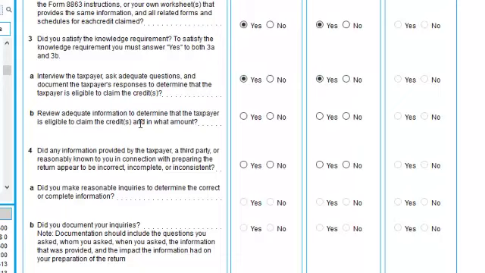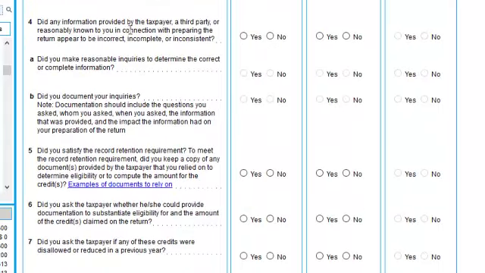Review adequate information to determine if the taxpayer is eligible to claim the credit and in what amount. We looked at that as well. Did any information provided by the taxpayer, a third party, or reasonably known to you in connection with preparing the return appear to be incorrect, incomplete, or inconsistent? We're going to say no to that one.